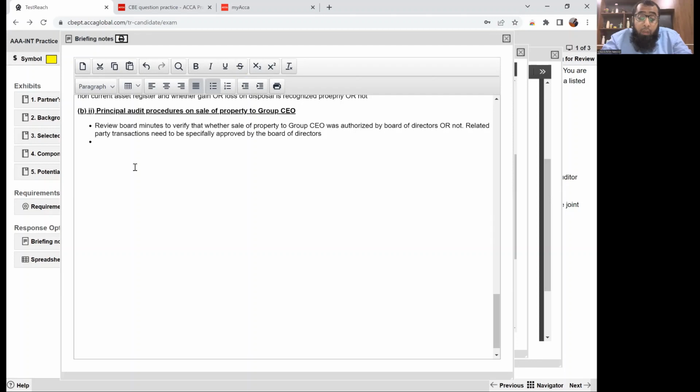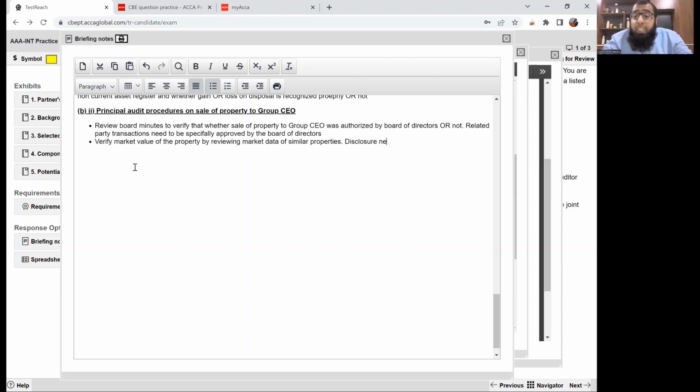Then verify the market value of the property by reviewing market data of similar properties. Because the transaction is a related party transaction, we need to verify the market value.